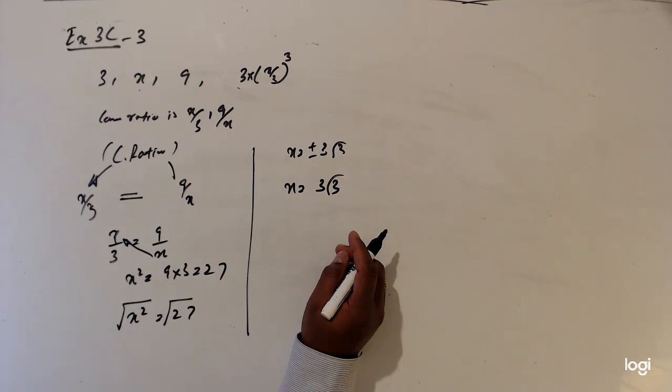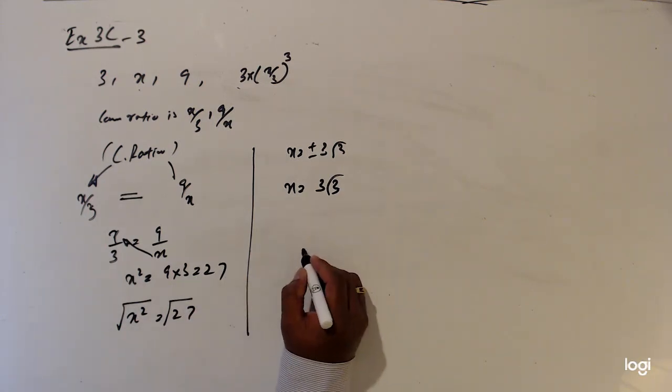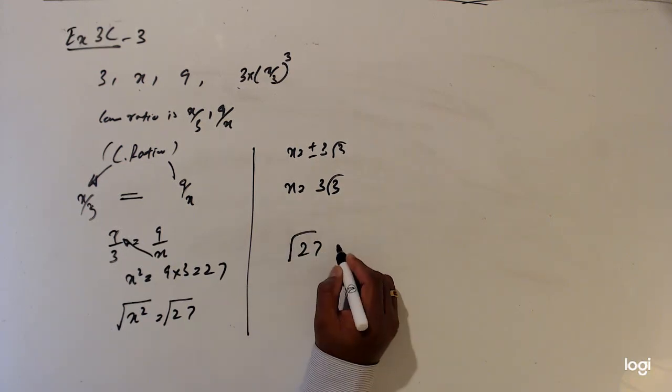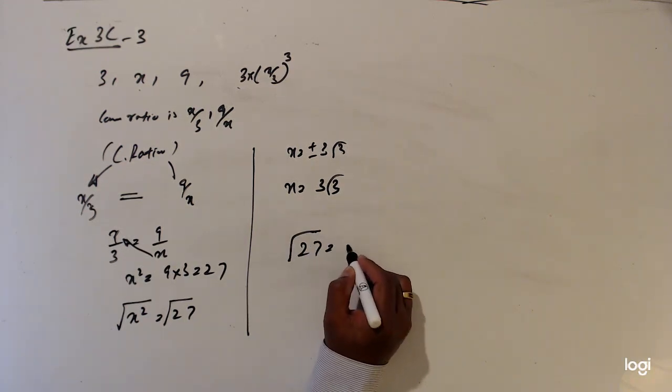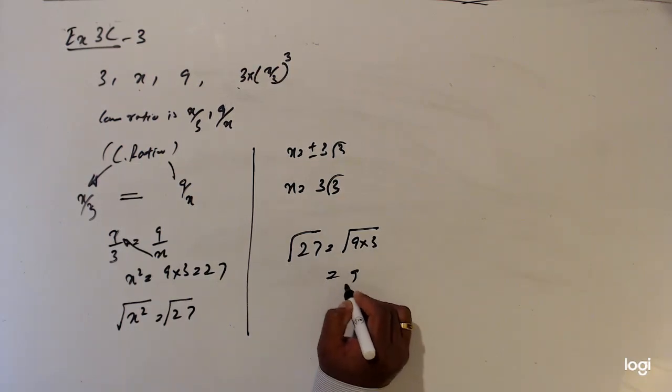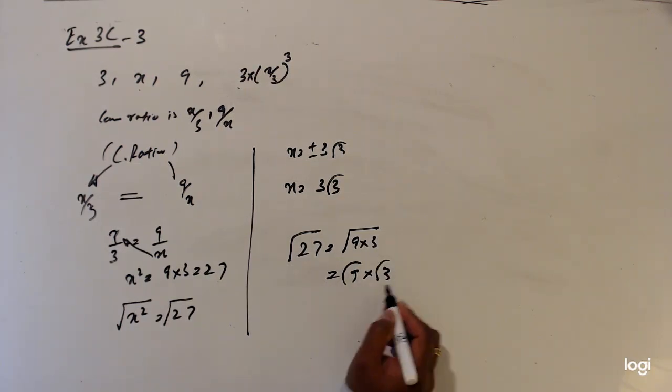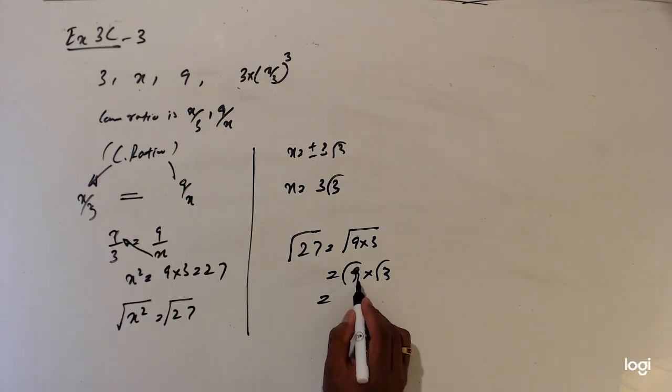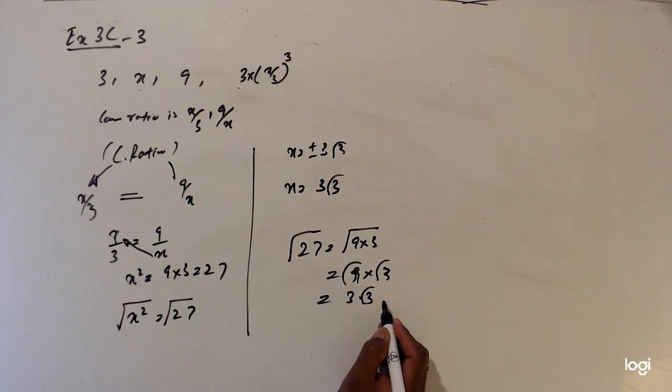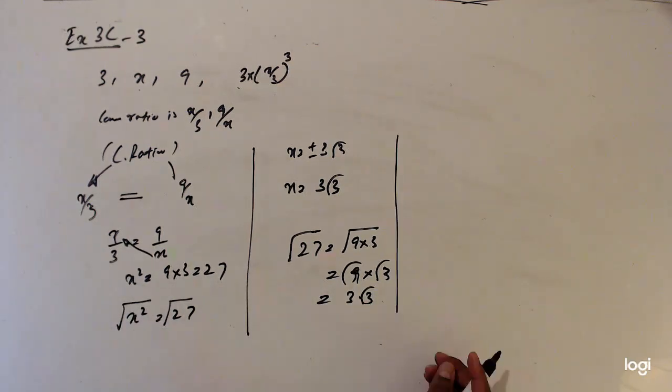And if I simplify this one, how do I get this? Square root 27 means square root of 9 times 3, that is square root 9 times square root 3. Square root 9 is 3, and this is square root 3, so 3 square root 3.